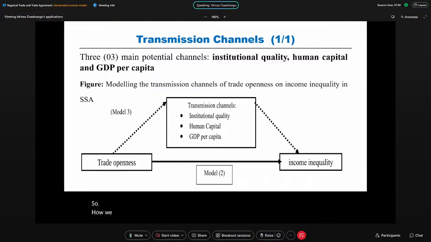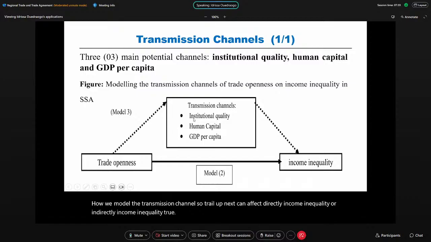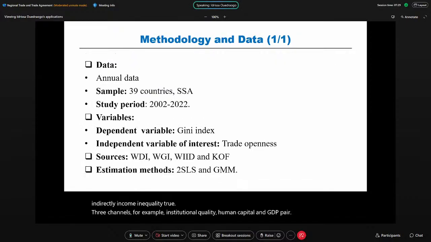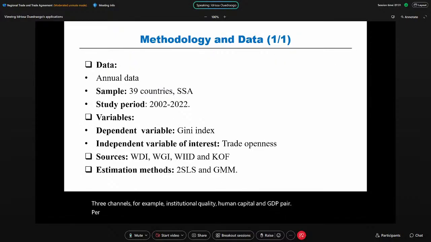Trade openness can affect income inequality directly, or indirectly through three channels: institutional quality, human capital, and GDP per capita. We use annual data of 39 countries in Africa over the period 2002 to 2022.